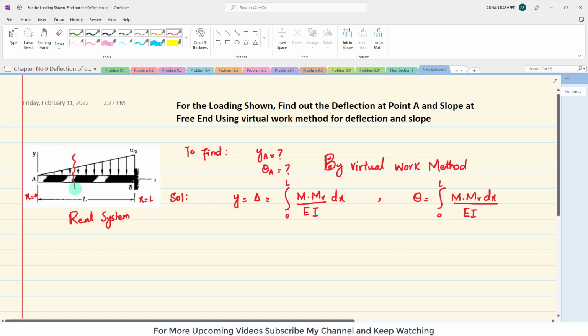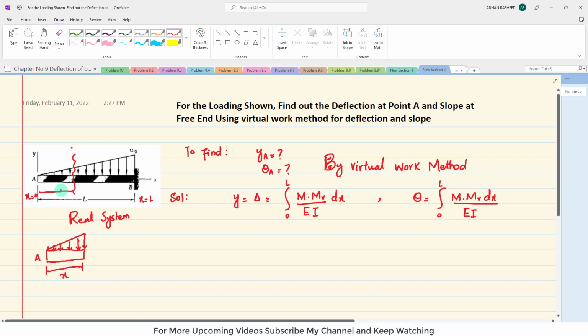Clear? So if we cut this beam at this position, what I have to do is draw a free body diagram of this beam. Clear? So this is point A, and here the load will be like this, and let this distance be x.